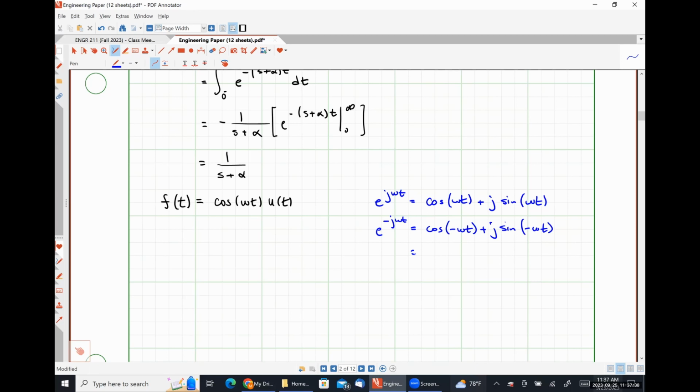Now, what is cosine of negative omega t equal to? Cosine of positive omega t, because the cosine function is symmetric. What is sine of negative omega t equal to? Negative sine omega t.